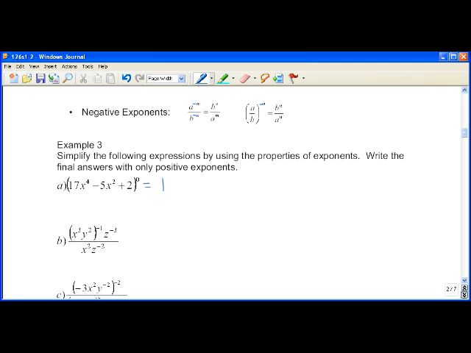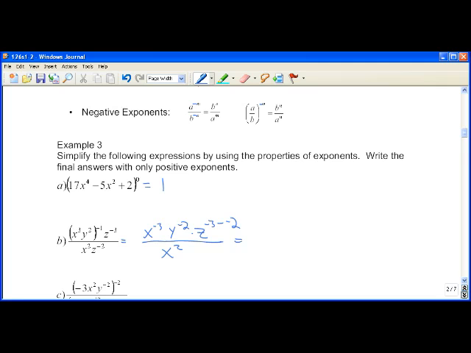For B, we have x cubed y to the negative 1, z to the negative 3, over x squared z to the negative 2. That's going to be x to the negative 3, y to the negative 2, because you multiply those powers: 3 times negative 1, 2 times negative 1, times z to the negative 3 minus negative 2, all over x squared.